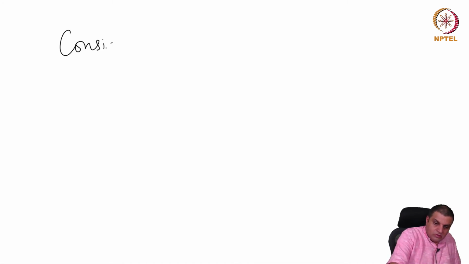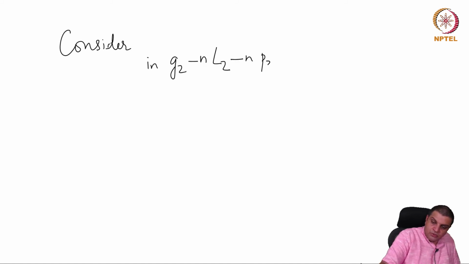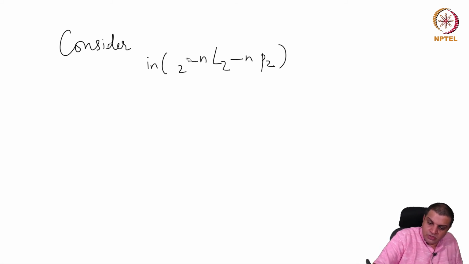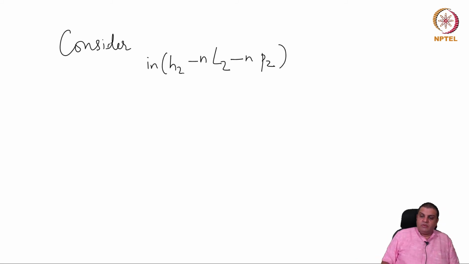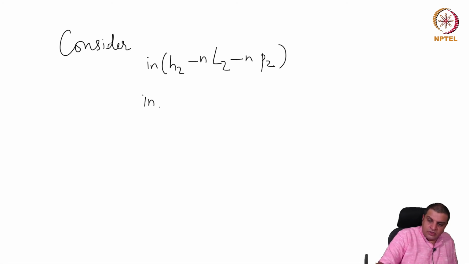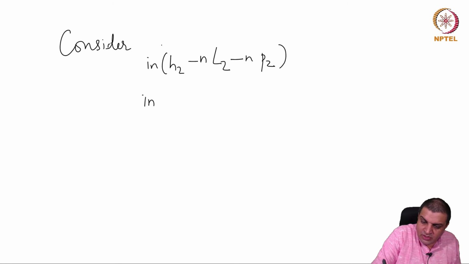Now let's consider the initial term of H2 minus n L2 minus n P2. This is the coefficient of G2 in this new expression. Let's look at the initial terms. We want the initial term of this times G2.